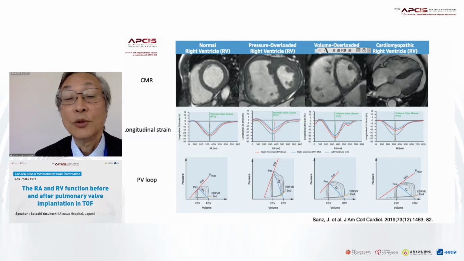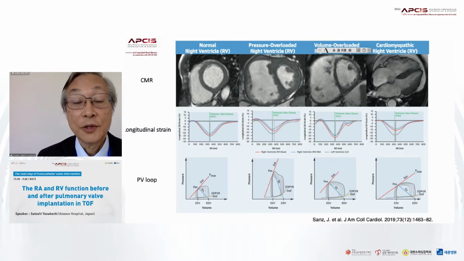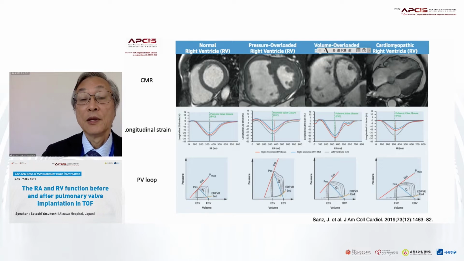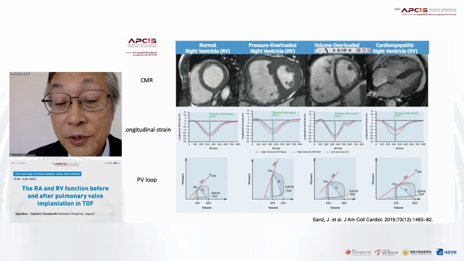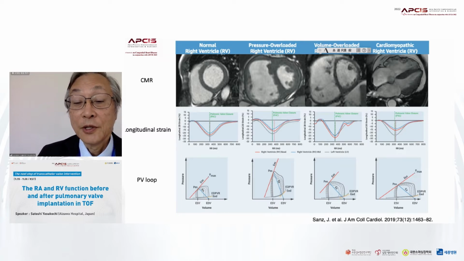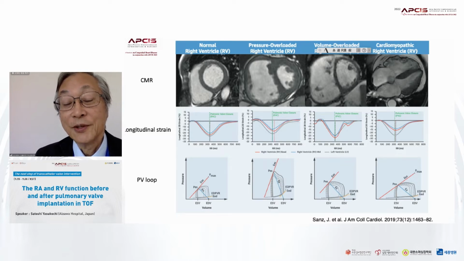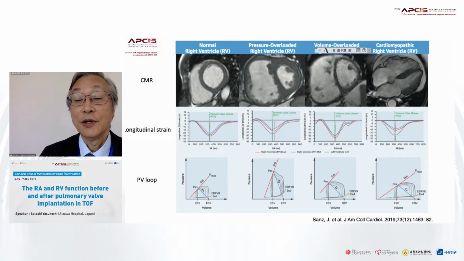On the PV loop, pressure overload increases systolic and diastolic ventricular pressure and affects ventricular arterial coupling. Volume overload has more retained systolic and diastolic properties compared to pressure overload.